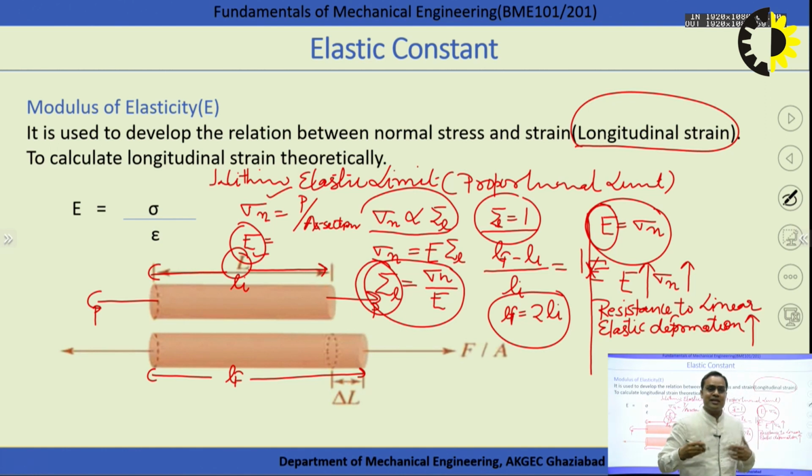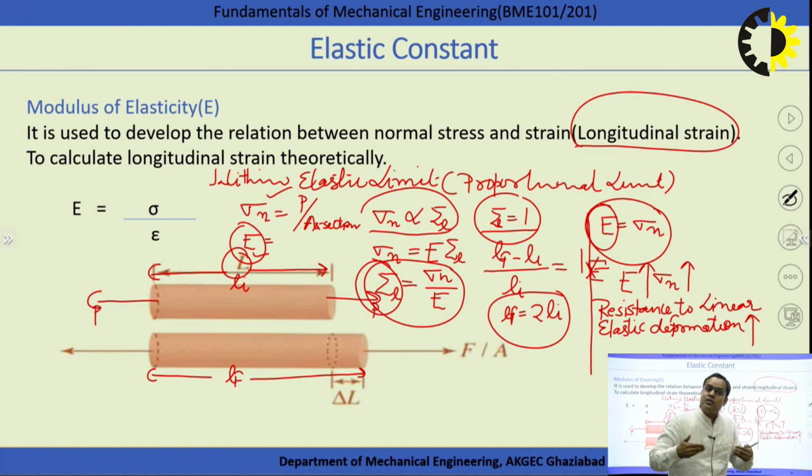The meaning of stress increasing in the body is that the resistance offered by the body increases. Because the load is normal, because the stress is normal, which kind of strain will be produced? Normal strain. In normal, we are talking about the longitudinal strain. That's why I am writing that the resistance to linear elastic deformation increases.